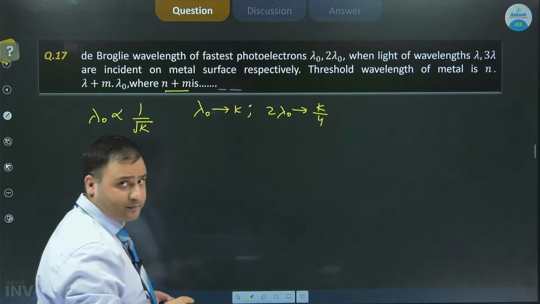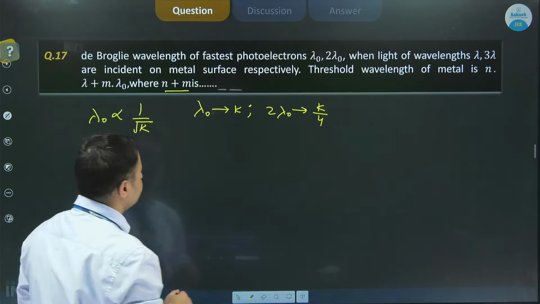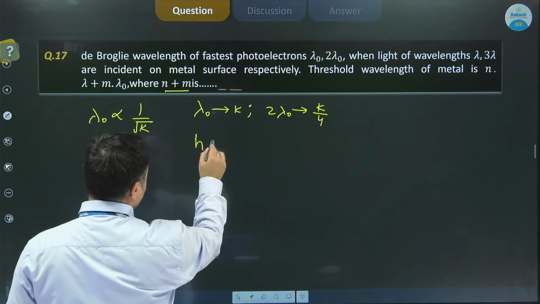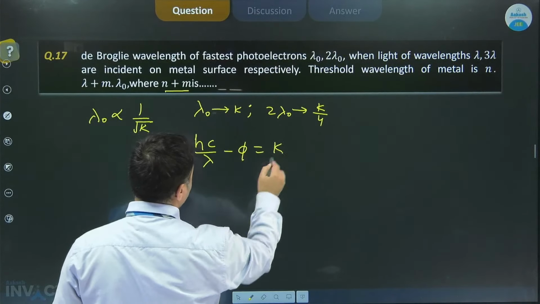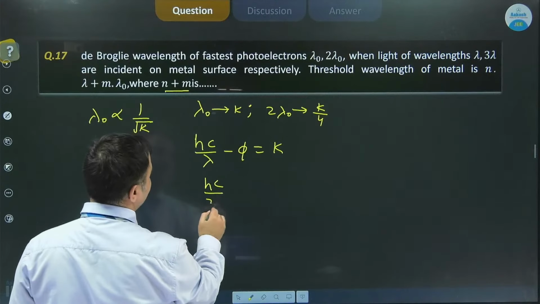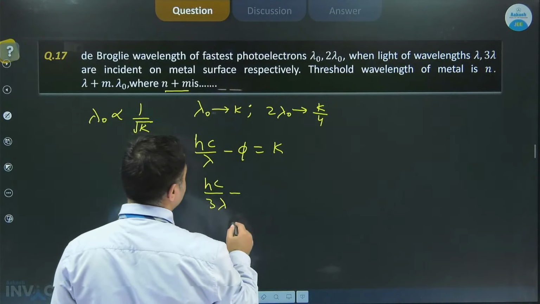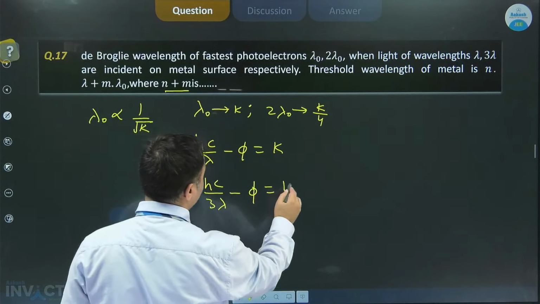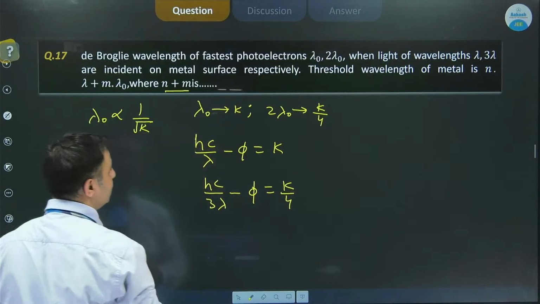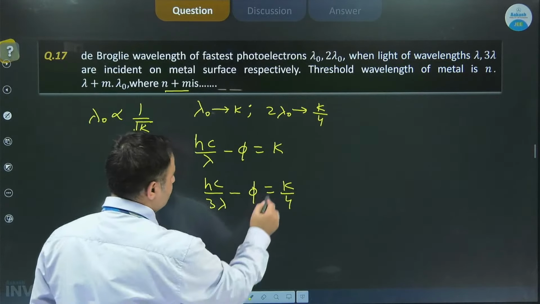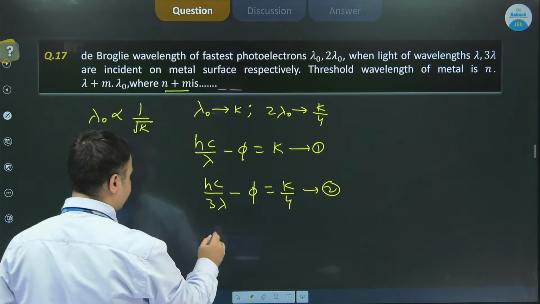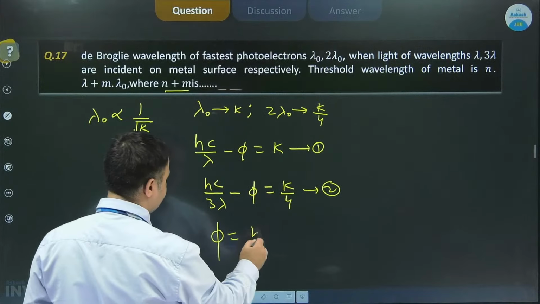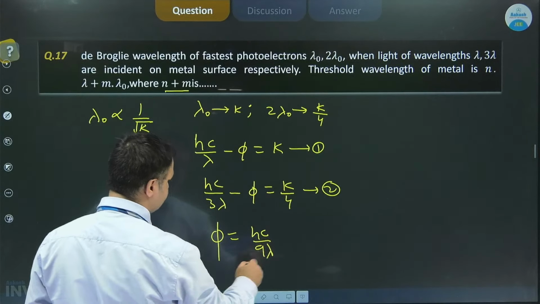Now the photoelectric equation: hc by lambda minus phi is equal to k and hc by 3 lambda minus phi is equal to k by 4. We applied the photoelectric equation for the different wavelengths. On solving these 2 equations, we'll get phi as hc by 9 lambda.